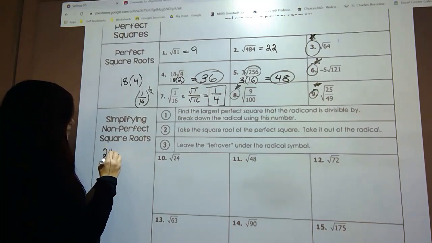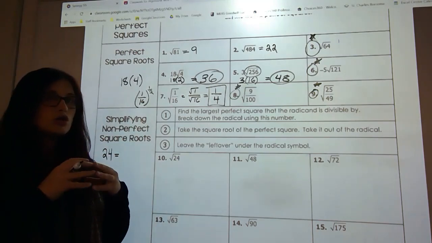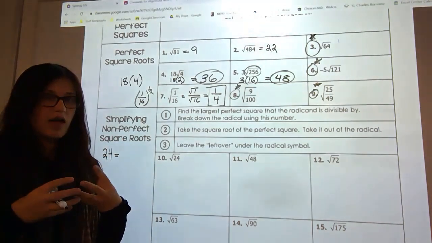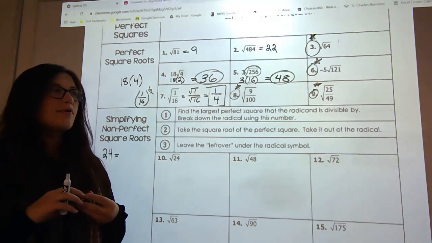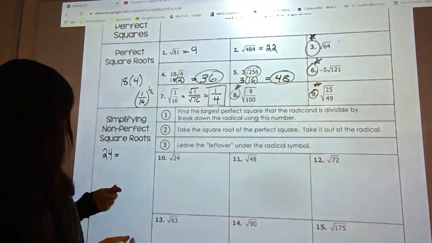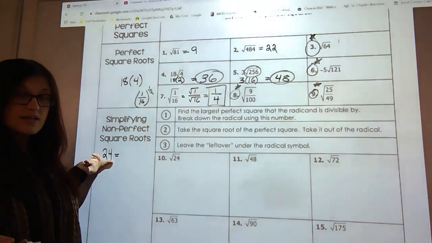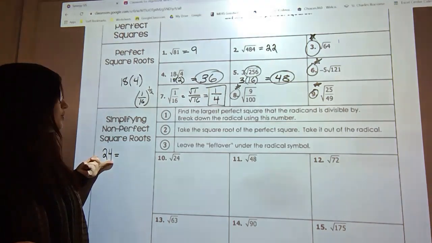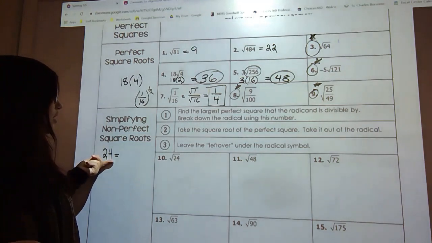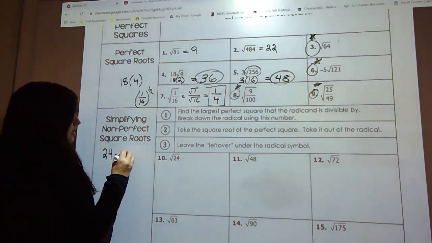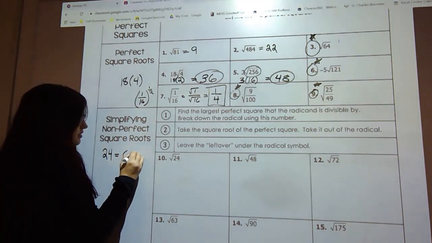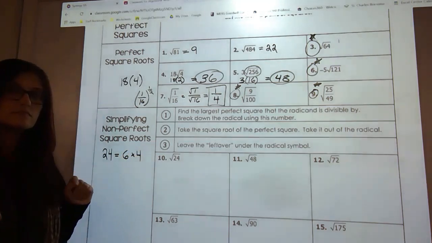There's a process called factoring, and that process involves taking a number, such as 24, and rewriting it as a multiplication problem. So instead of saying 24, maybe I could say 6 times 4.